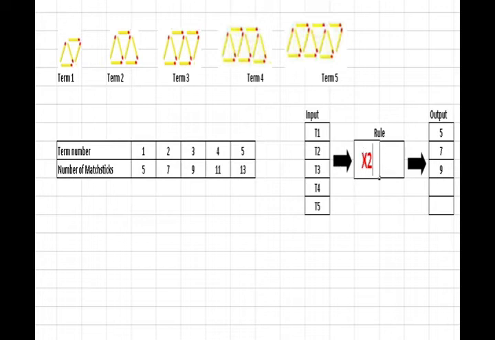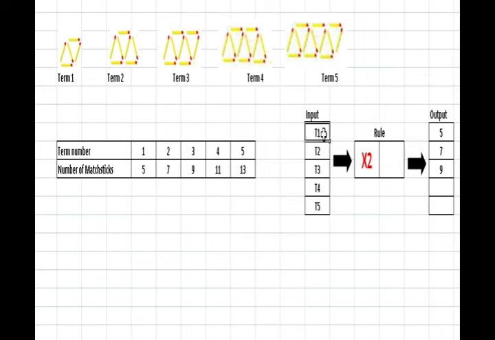So the first part of my rule is to multiply my term number by 2, because I am adding 2 matchsticks each time to move from term to term. My term number, which is 1, multiplied by 2 gives 2. However, I need to have 5 matchsticks in term 1.